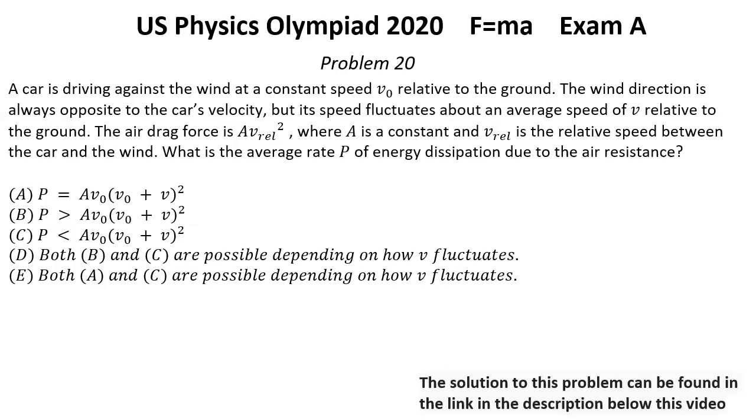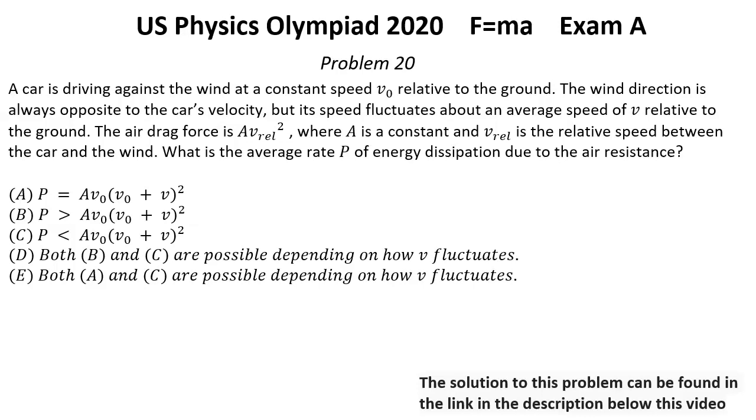The air drag force is A V relative square, where A is constant and V relative is the relative speed between the car and the wind. What is the average rate P of energy dissipation due to the air resistance? Solution for problem number 20.